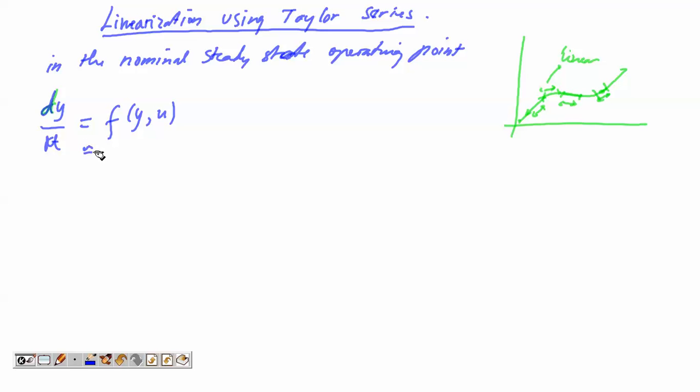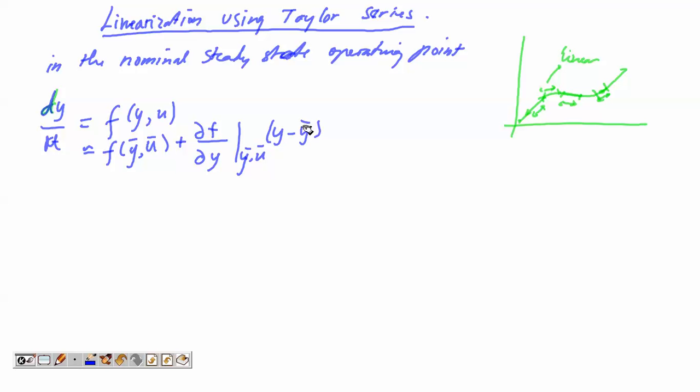So dy over dt can be approximated by the function of y and u at steady state, so the value of the equation at steady state, plus the differential of this equation with respect to y at y and u at steady state times y minus y steady state.